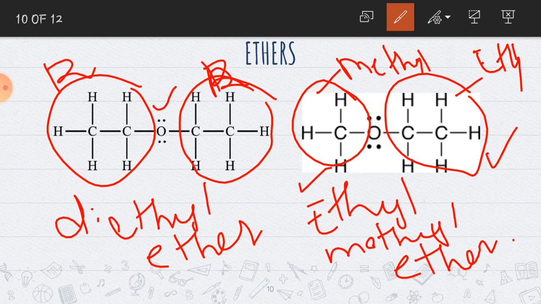So this is an example of ethers in which the two alkyl groups attached to the oxygen atom are different. So all the ethers will be recognized by the presence of the oxygen atom attached to the two alkyl groups on both sides through a single bond.